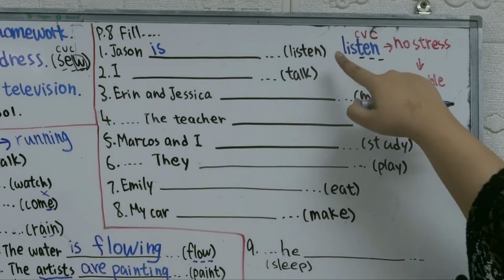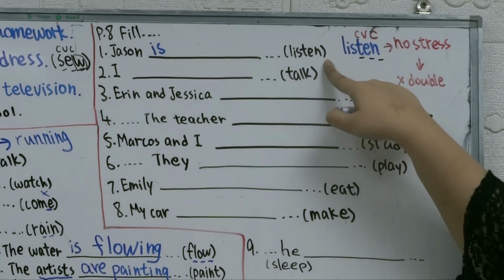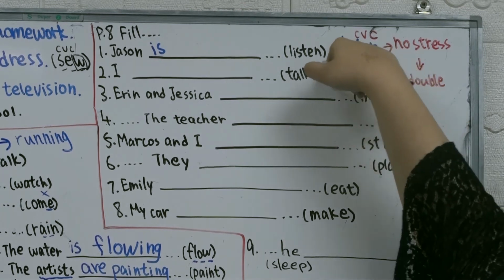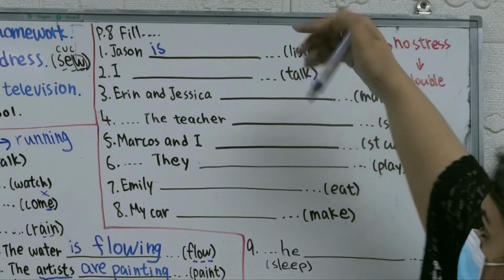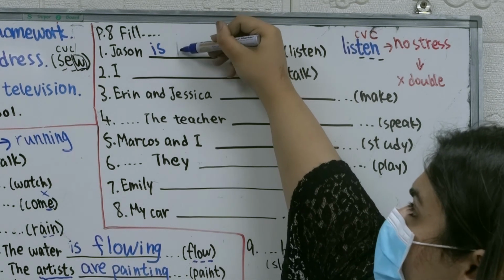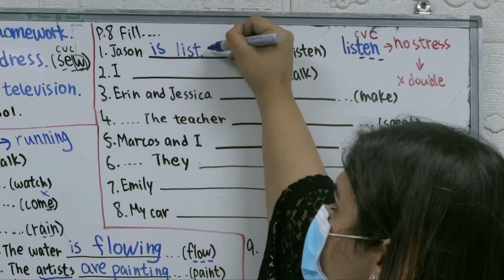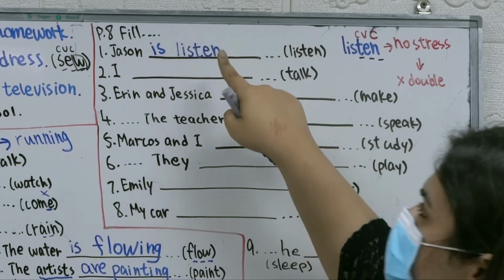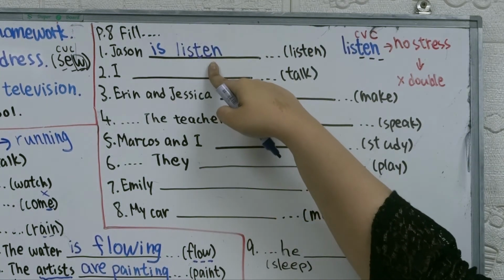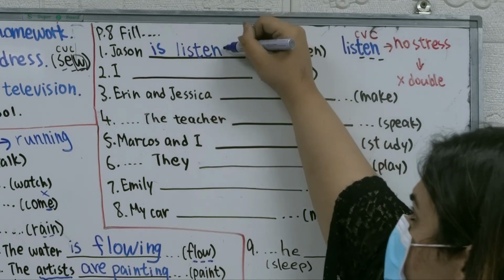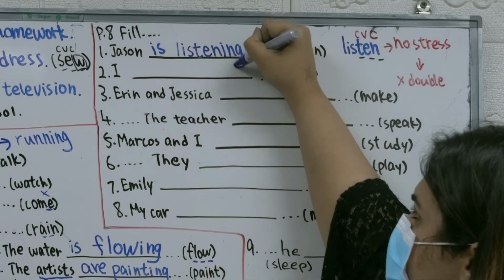What is the present participle form of listen? That is listening. How to spell listening? L-I-S-T-E-N. Do we have to add one more N here? No. Okay. I-N-G.